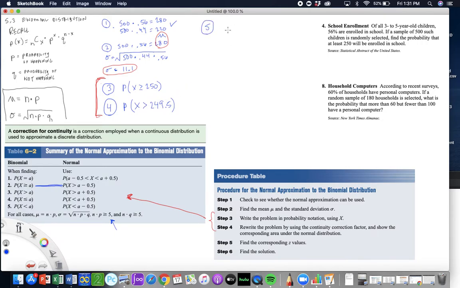So I'm going to take x greater than 249.5, and do what I've been doing this whole unit: the z-score equals 249.5 minus the mean, which we found earlier, 280, divided by 11.1. And I find the z-score equals negative 2.75. I'm going to go to my good old chart here.